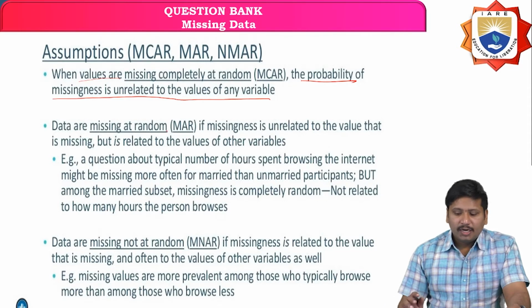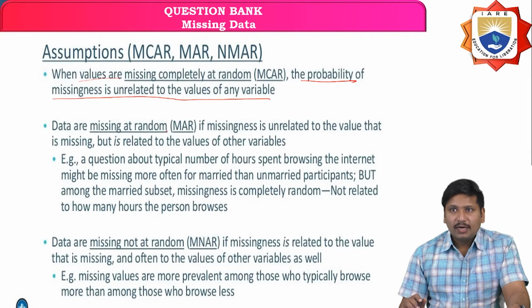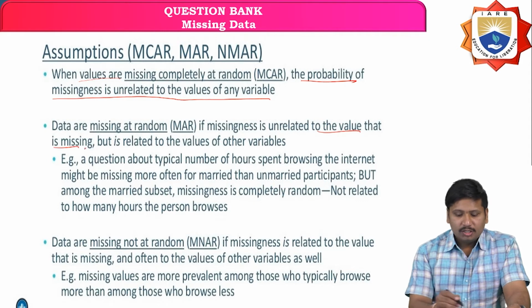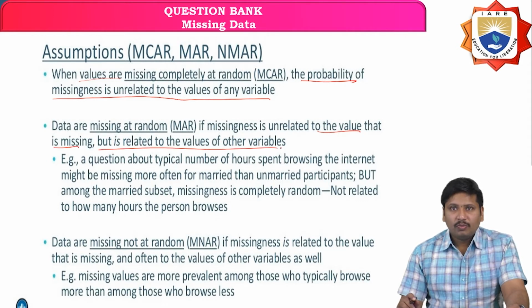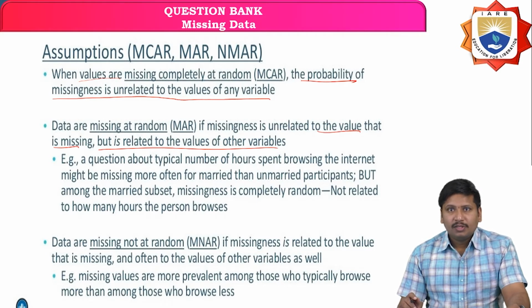Missing at random means the missingness is unrelated to the value that is missing, but is related to the values of other variables. So that should be missing at random.